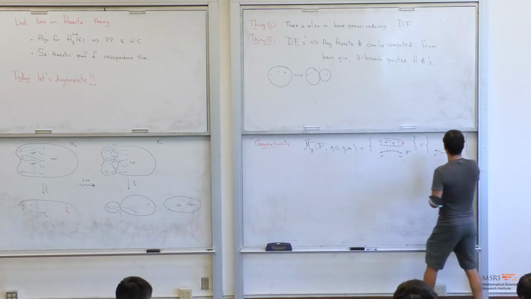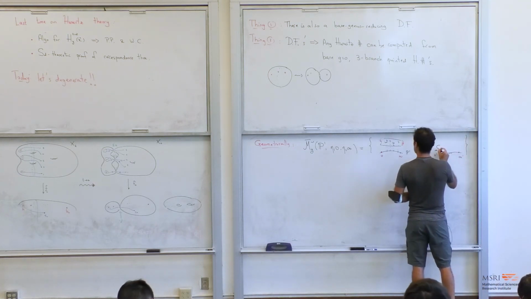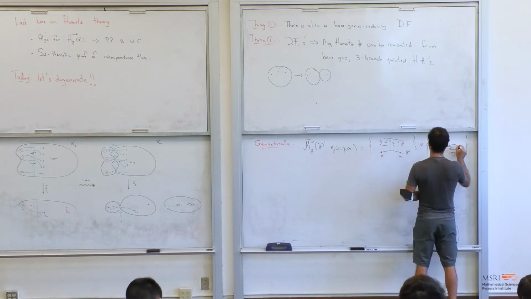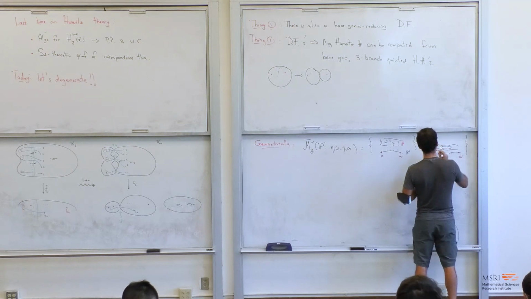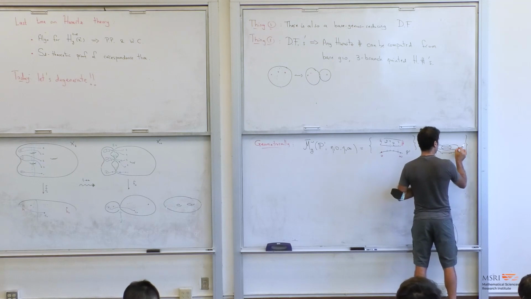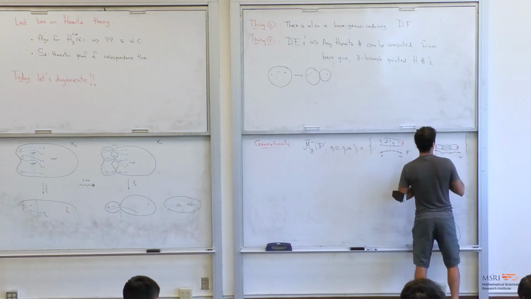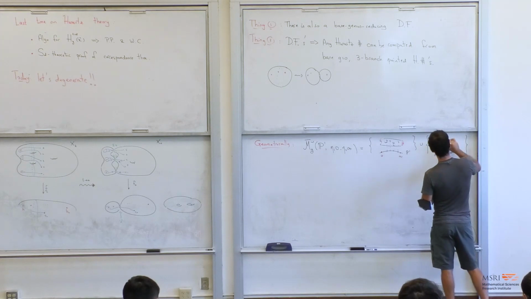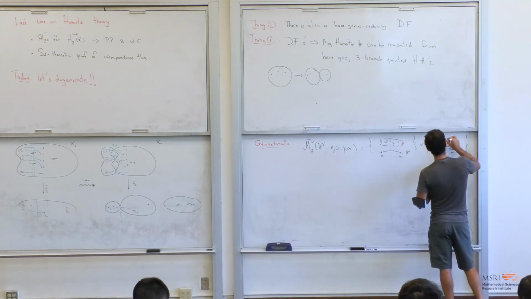And I'm going to enforce the kissing condition over every node. I'm going to enforce the ramification type over 0 prime and infinity prime. And I say nothing else other than I need to have genus G.